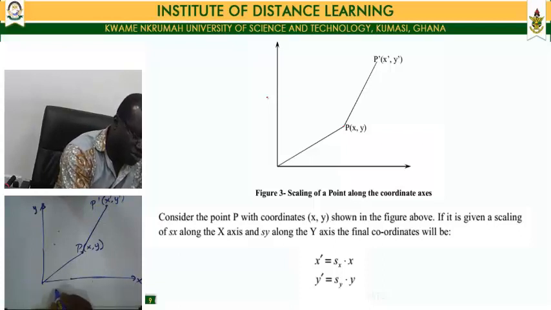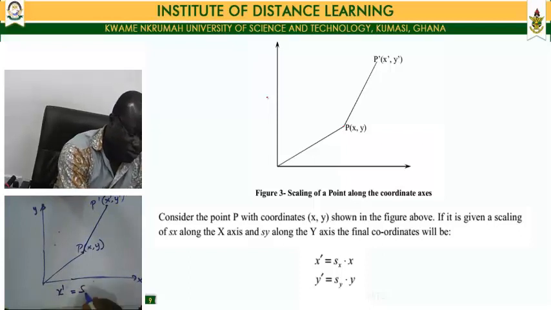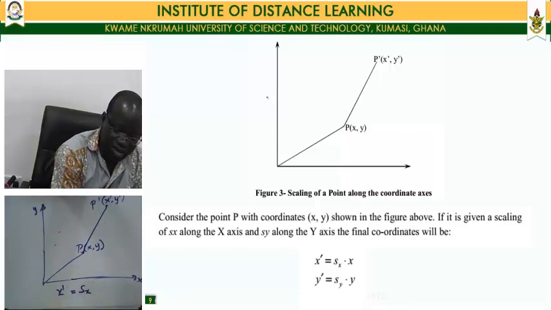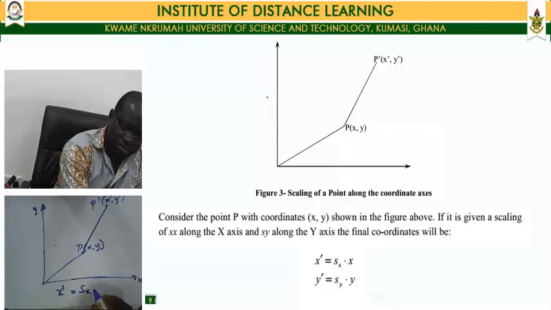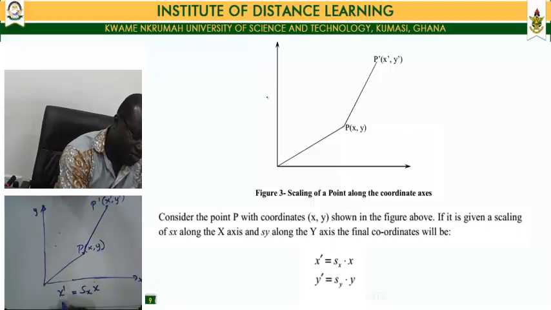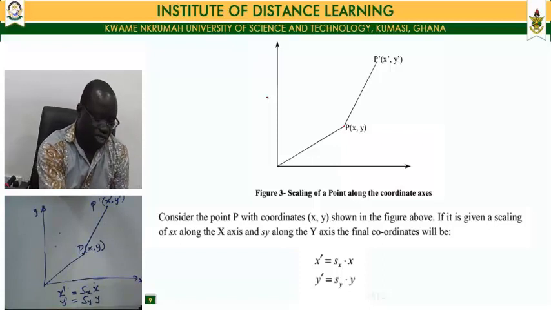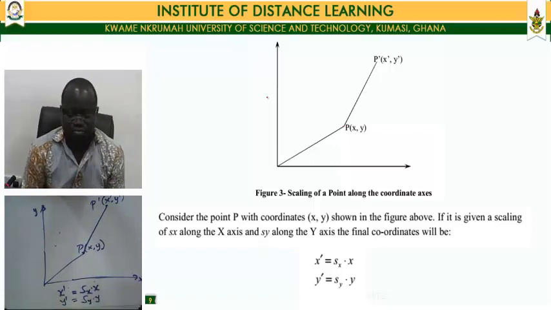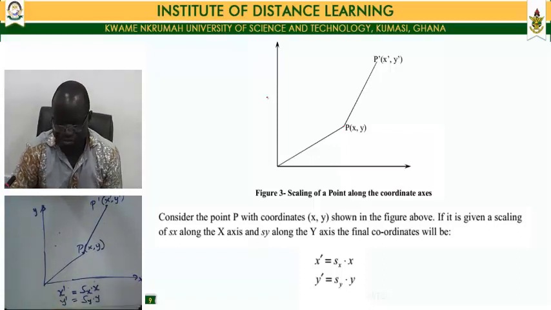So the new coordinate x prime will be equal to the scaling along the x coordinate, s_x, times x, which is the original point, and y prime will be the scaling along the y-axis, s_y, times y, so that we get the new position x prime, y prime.